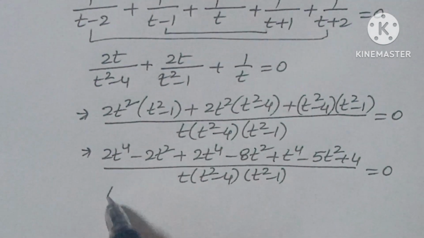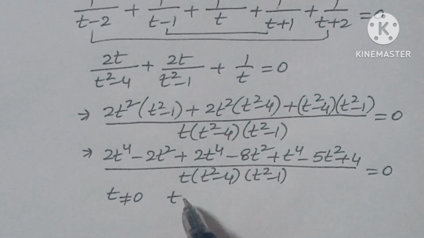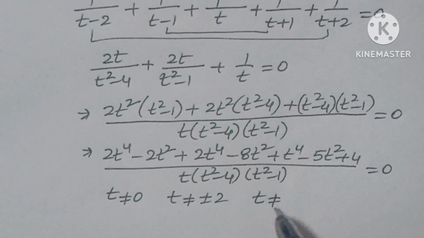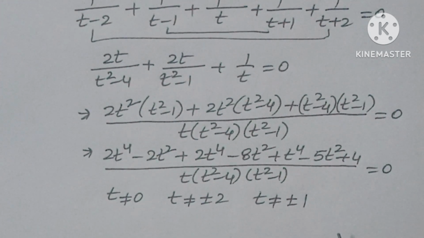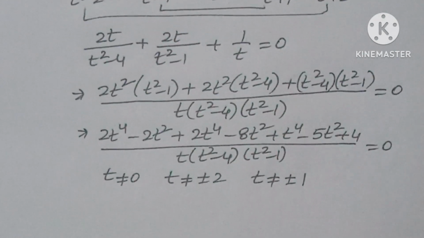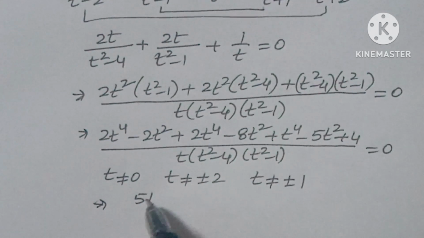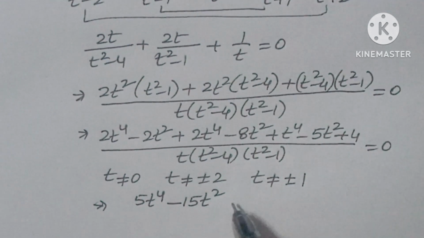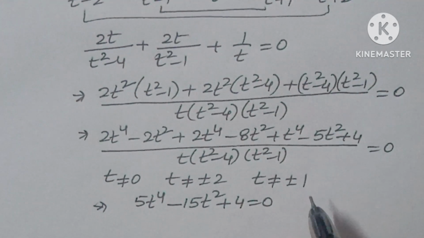Now here t cannot be equal to 0, t cannot be equal to plus or minus 2, t cannot be equal to plus or minus 1. So here you have to make the numerator equal to 0. So what we'll get for the numerator: 5t to the power of 4 minus 15t square plus 4 equal to 0.